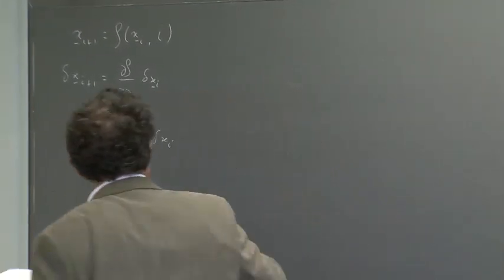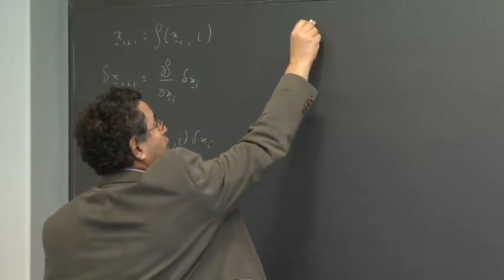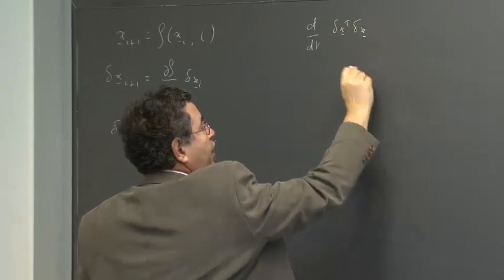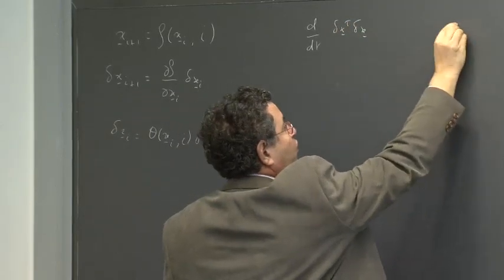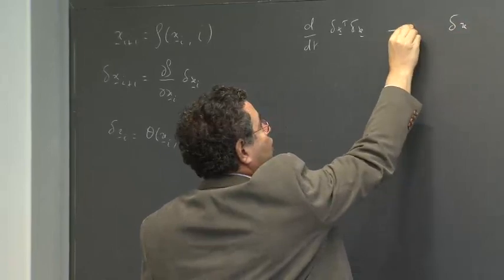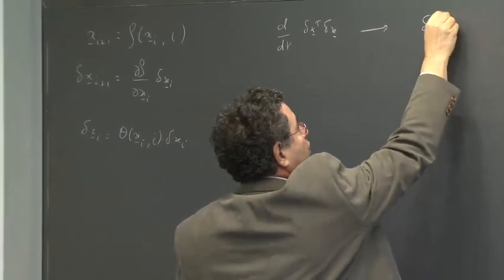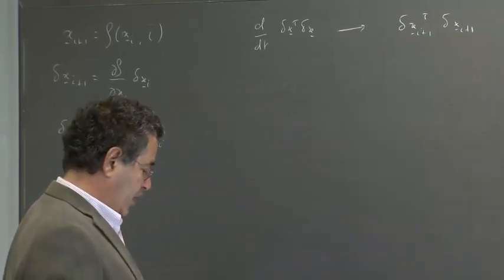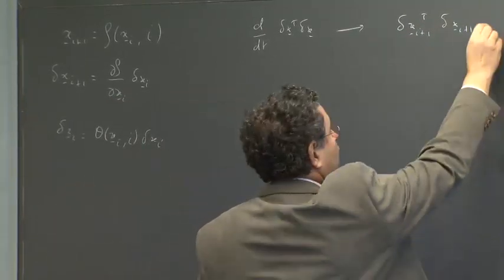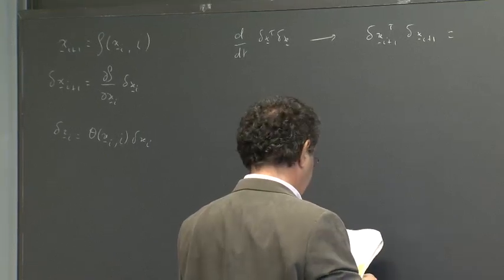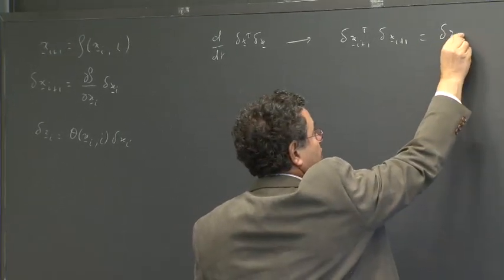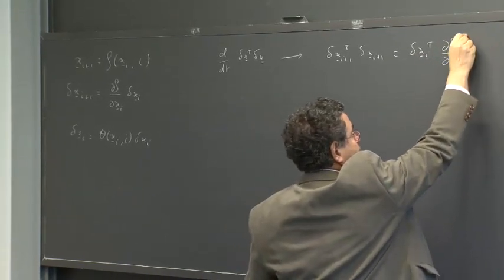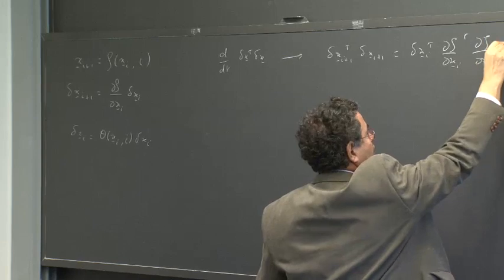So we said that if instead of computing d over dt of delta x transpose delta x, what we're going to compute is delta xi plus 1 squared as a function of delta xi. And of course, that's simply going to be delta xi transpose, df over dx transpose, df over dx, delta xi.